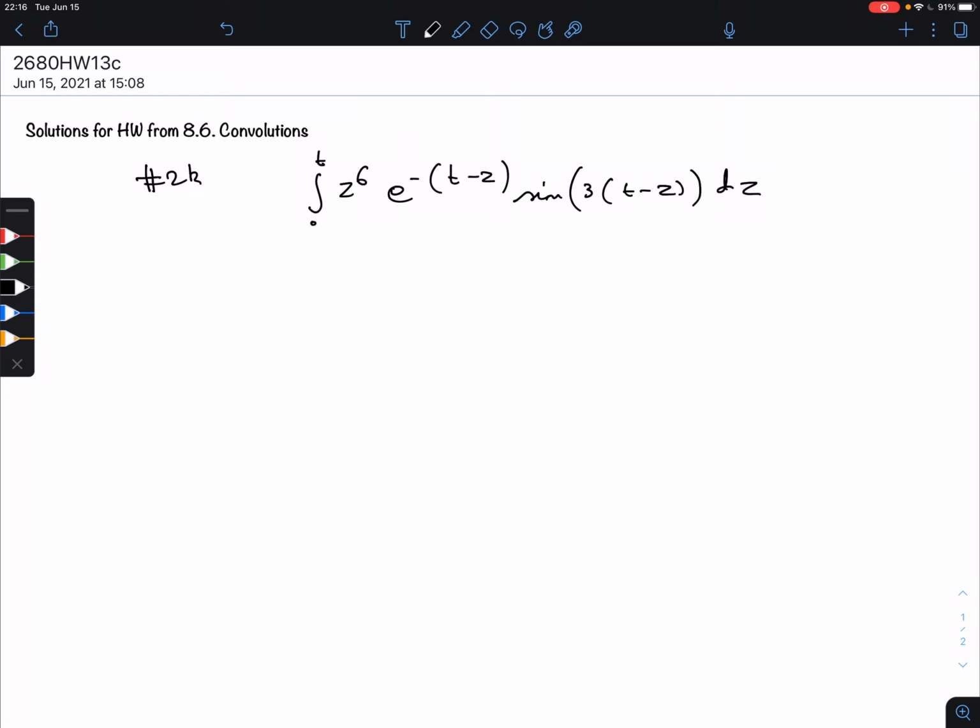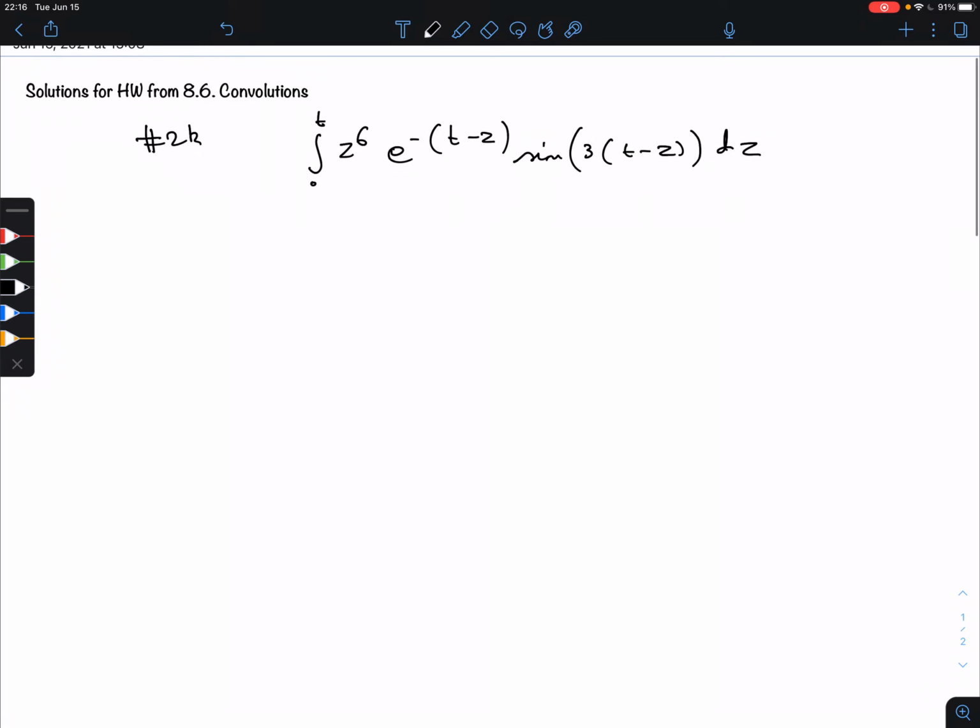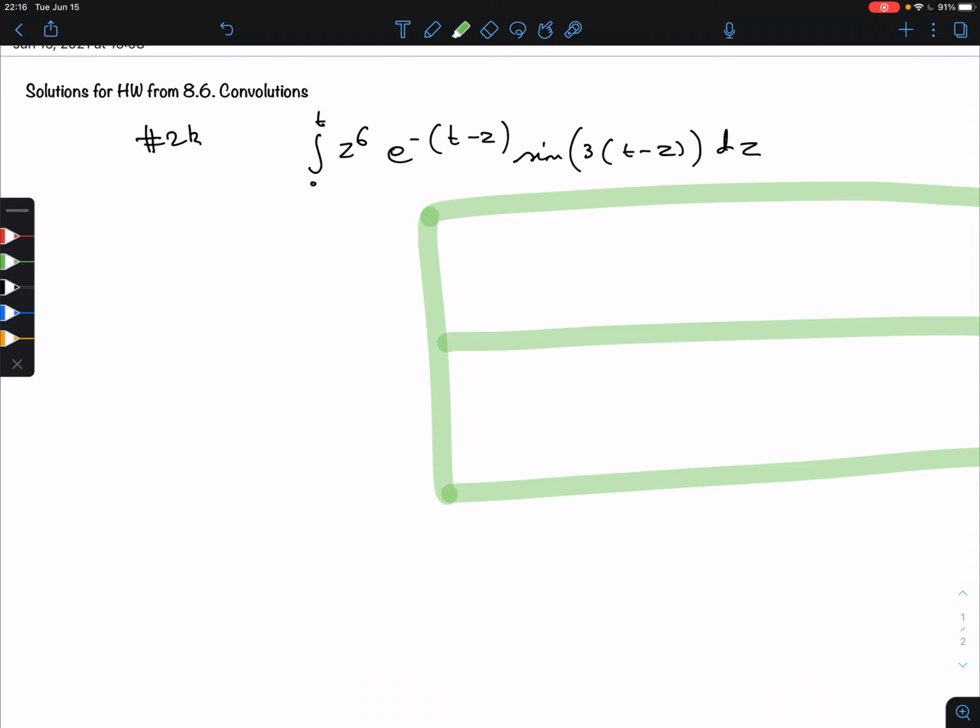I think so. Before I go on, remember there are two important formulas in this chapter. First of all, the convolution itself. How do we define the convolution? It is given by the integral of f(z) g(t minus z) dz.